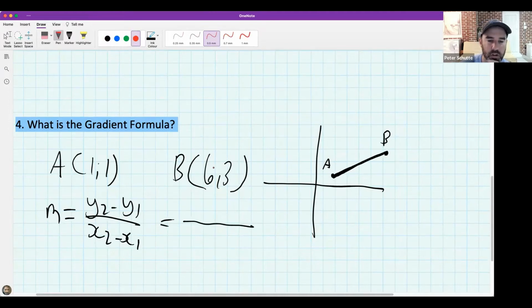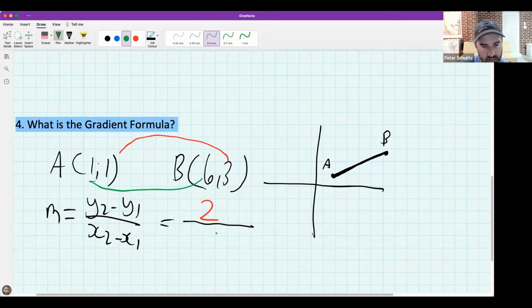The way we do this is we subtract the y's, so 3 minus 1 is 2. And then we subtract the x's, so 6 minus 1 is 5. So the gradient of that line is 2 over 5. Basically, it's going across more than it is going up.